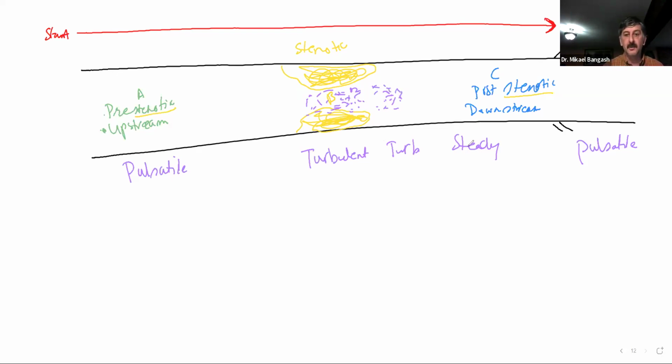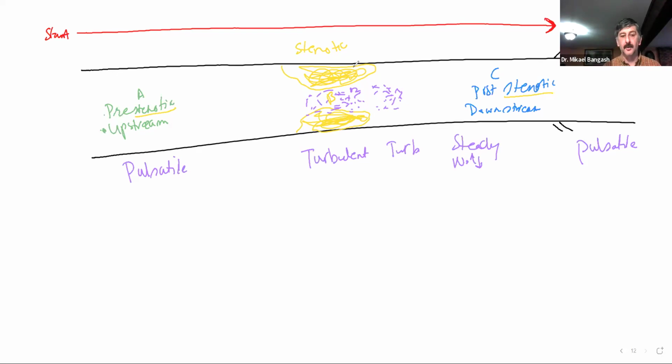Now, what did we say that steady was? There were no changes in the flow. Constant or smooth. Initially, because we talk about it being an artery, it's going to start off as being pulsatile. It would have kept on being pulsatile had it not been for this mess that came up here.